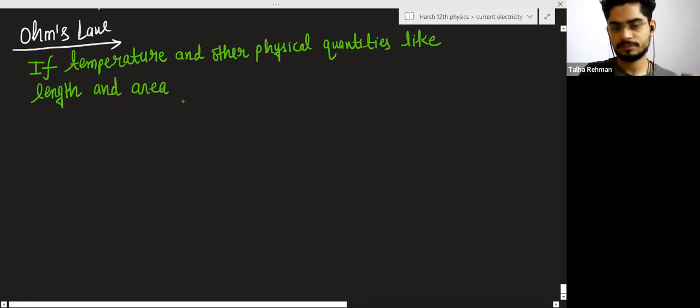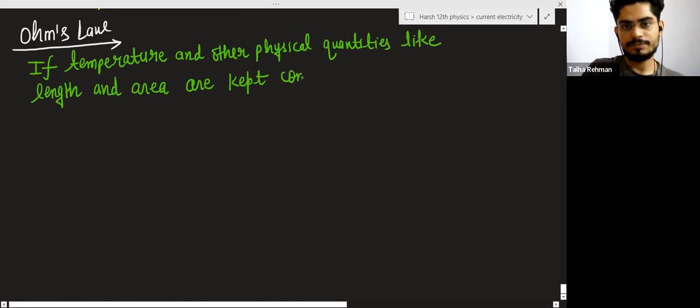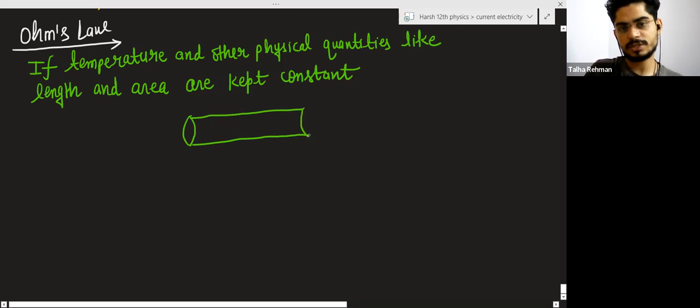That means if the temperature of a conductor, the area of the conductor and the length of the conductor are not changing, then, where L is the length of the conductor, A is the area of cross section of the conductor, and T is the temperature of the conductor.